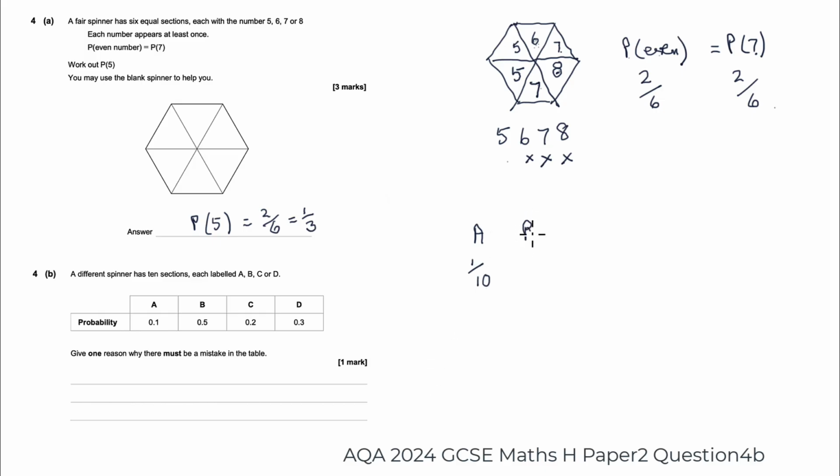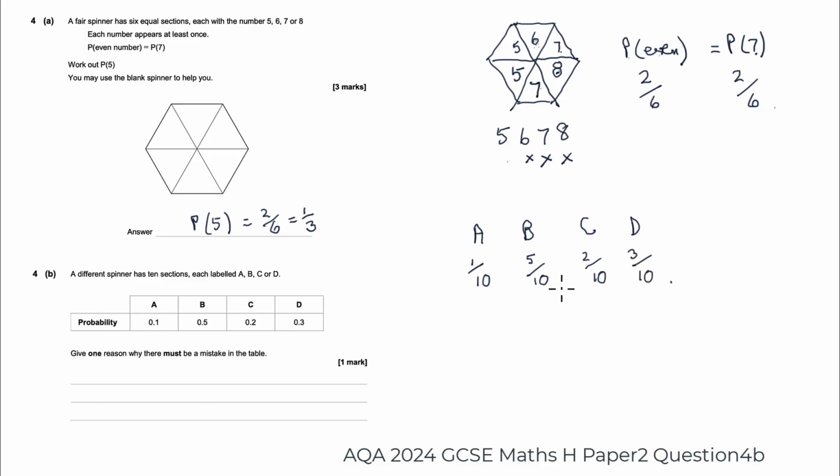The probability of a B appearing is 5 chances out of 10, 5 tenths, 0.5. Probability of a C appearing is 2 chances out of 10, 0.2, 2 tenths. And finally, the probability of a D, 3 chances out of 10.